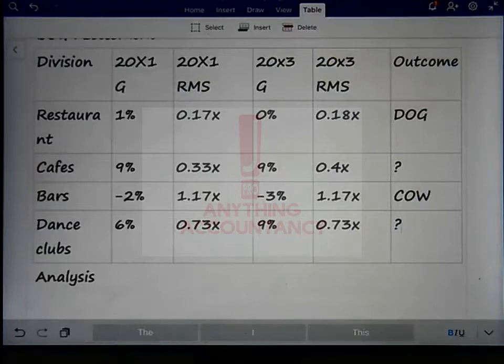So, in terms of analysis, this is what you got here. Divisions, you got all the divisions there.